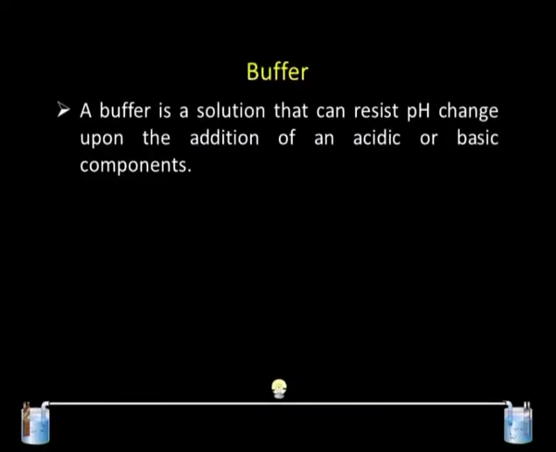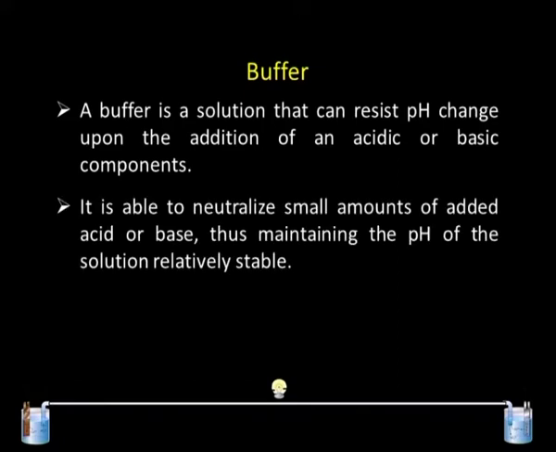The next part that comes is buffer. A buffer is a solution that can resist pH change upon the addition of acidic or basic components. It is able to neutralize small amounts of added acid or base, thus maintaining the pH of the solution relatively stable.